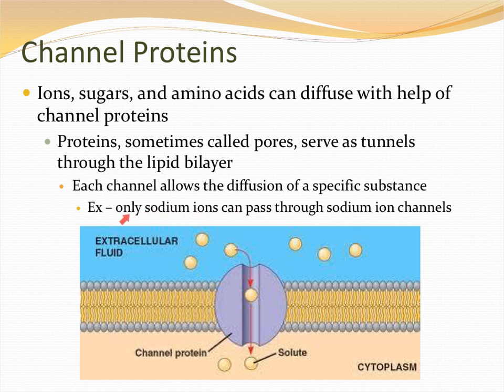Only sodium ions can pass through sodium channels. Potassium couldn't go through the same channel, unless it's specifically designed to do that. So these proteins are very specific. That's what we mean by control. That's what we mean by semi-permeable, selectively permeable. That's how you select. Your body selects what the cell allows into itself and what it doesn't by choosing what?